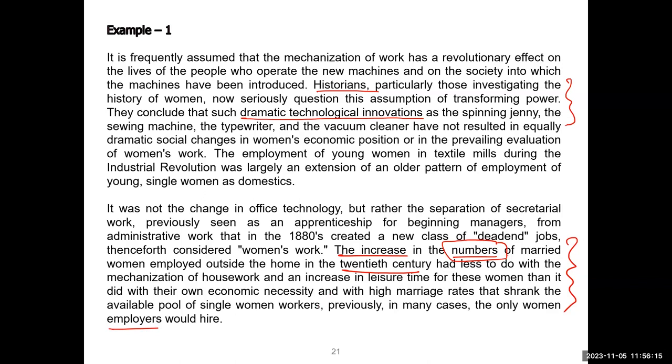Previously means before the 20th century. Previously, in many cases, the only women employers would hire. So previously, before the 20th century, employers would hire only women who were single. Yes or no? That is what he's trying to say.